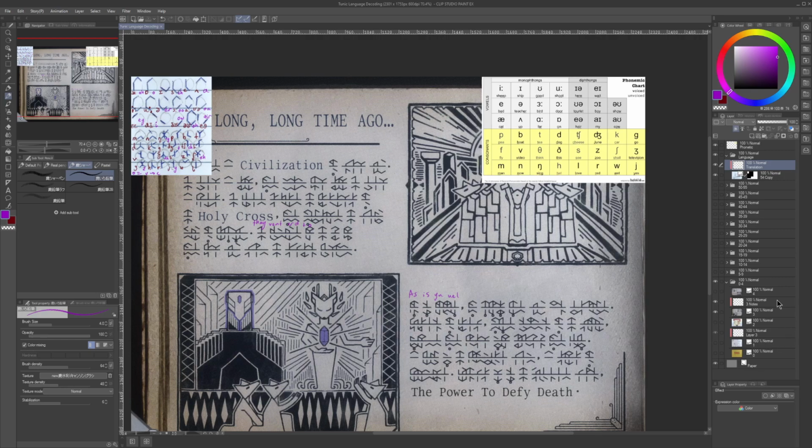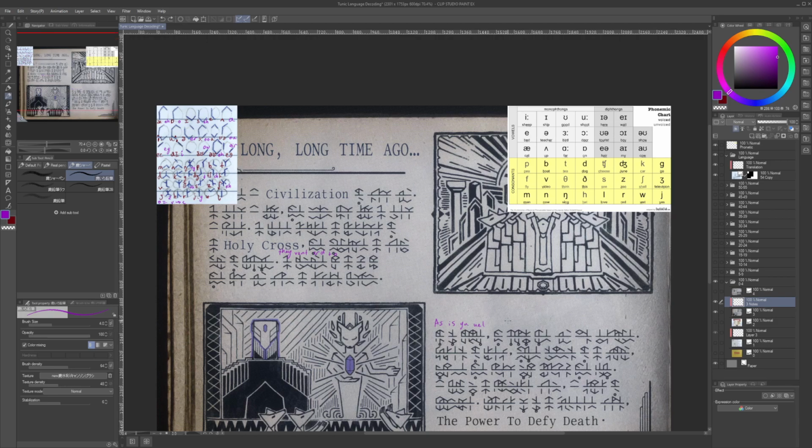Oh, actually, we can confirm the translation here by doing this. As is usual. Al, alluring.